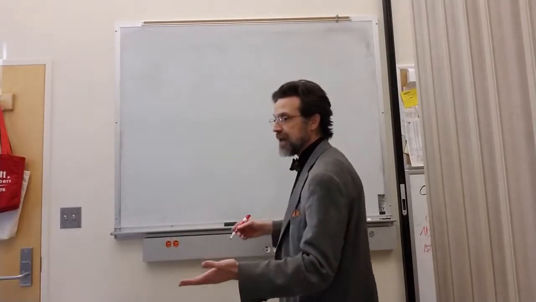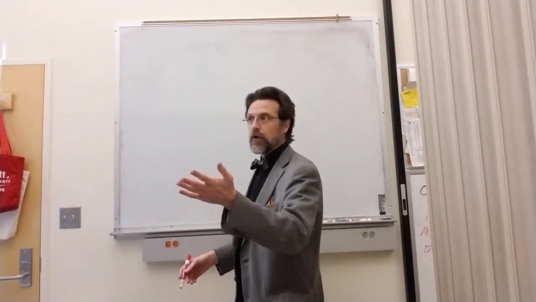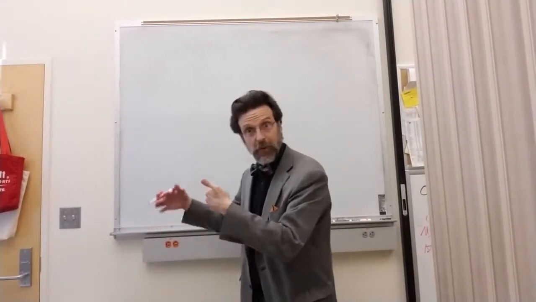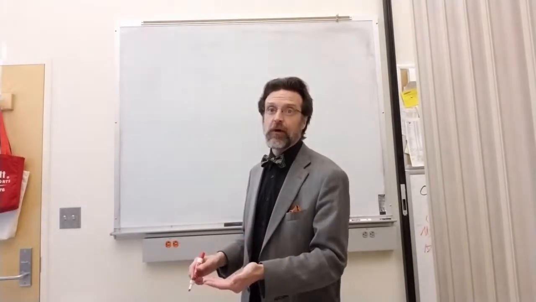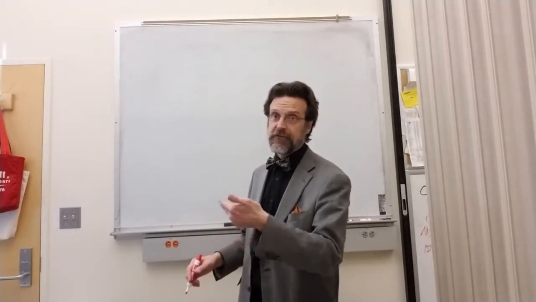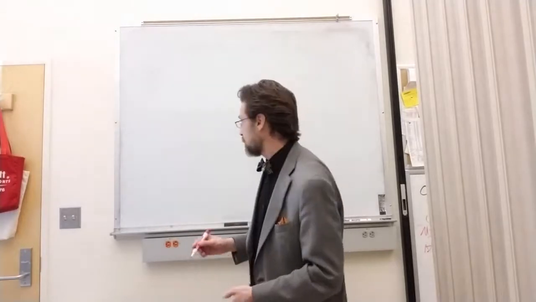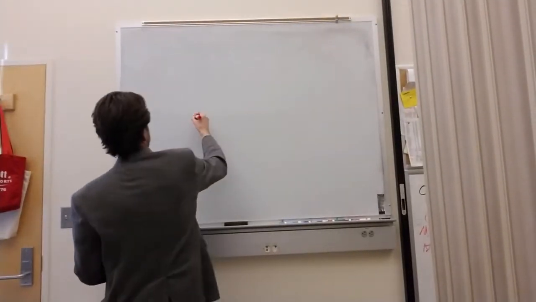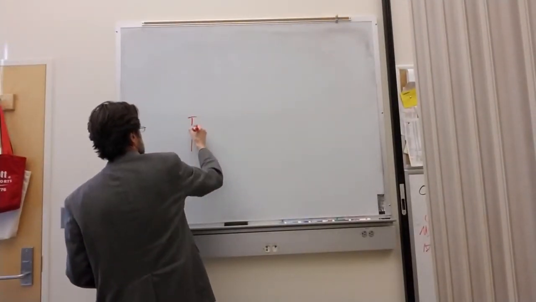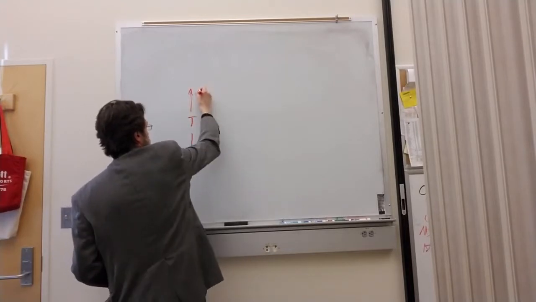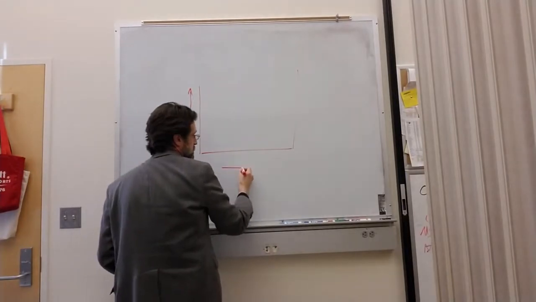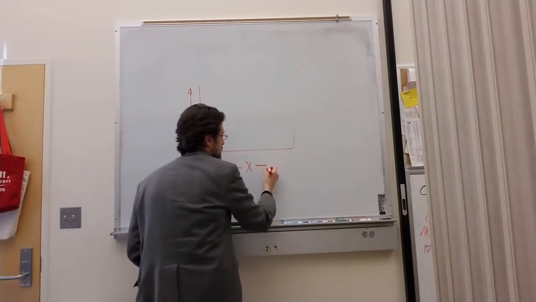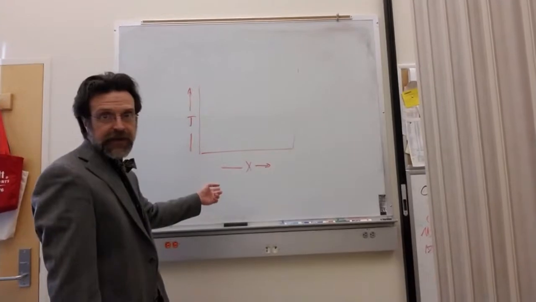So if we have a binary phase diagram, typically, at least when we represent it, we're going to hold all of our thermodynamic variables constant, for example, pressure, and only vary one. And the most common is varying temperature, because that's the easiest to work with. So we may have something that looks like this. Temperature on the y-axis, and then the mole fraction of elements on the x-axis.